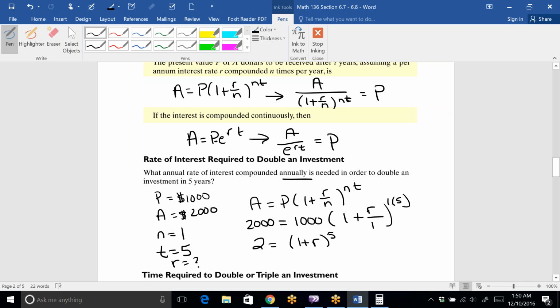One way we could do that would be to take a log, but that doesn't always make it easier. You could just raise everything to the 1/5 power. That would cancel out that power right there. So now I have the 5th root of 2 on this side, because this is the 1/5 power, equals 1 plus r. So r equals the 5th root of 2 minus 1.